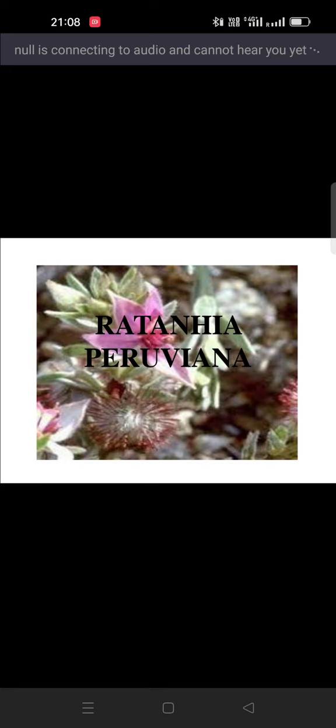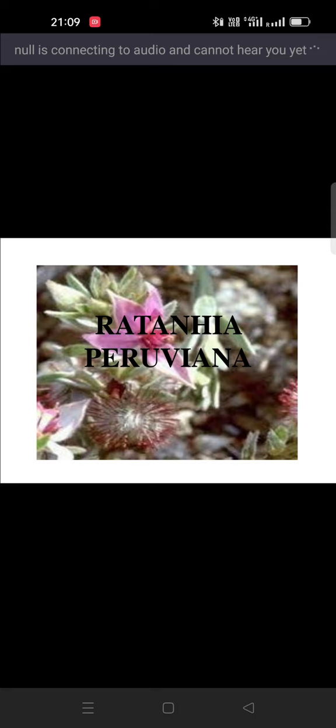Suppose you have forgotten which part is used. Just try to remember the "rat". Rat for root. Just remember rat, and you will remember root. Dry root. Moist root is never used in the preparation. Always a dry root is used in the preparation of medicine. And just try to remember the word RATA, rata.